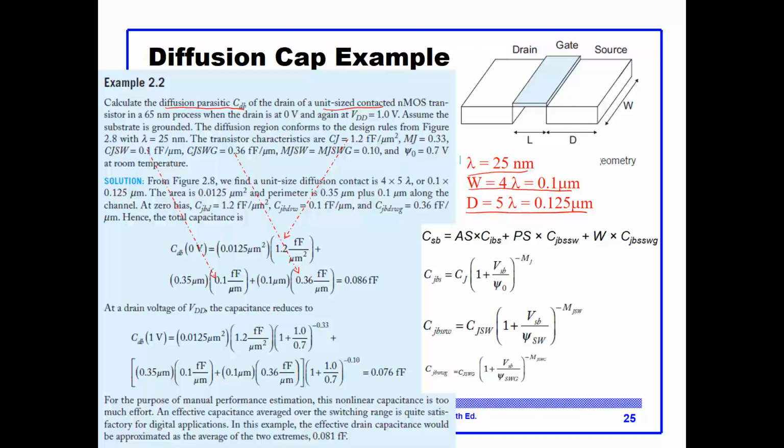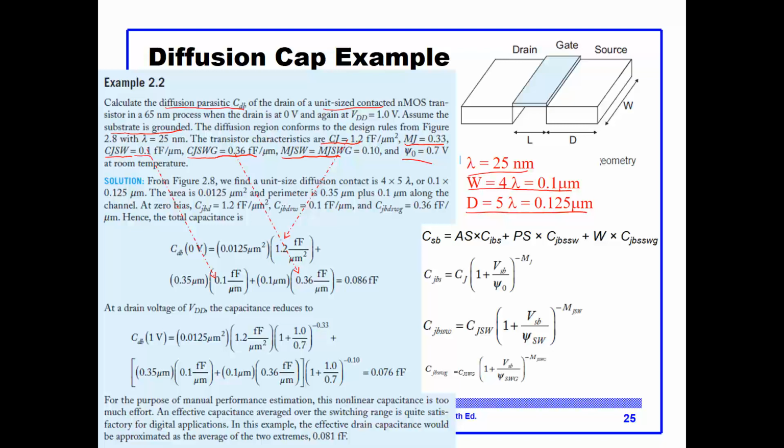Assume the substrate is grounded, and the diffusion region conforms to the rules. The transistor characteristics: Cj equals this, Mj equals this, Cjsw equals 0.1, Cjswg equals 0.36, Mjsw equals Mjswg equals 0.1, and the built-in potentials are all 0.7.